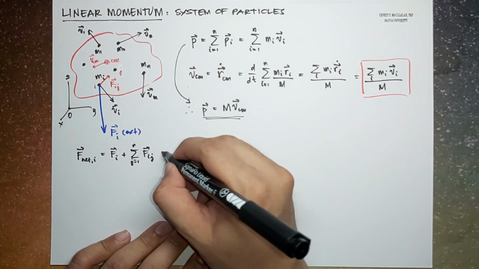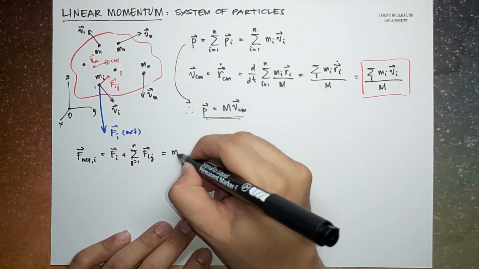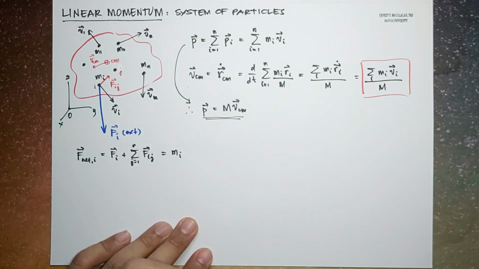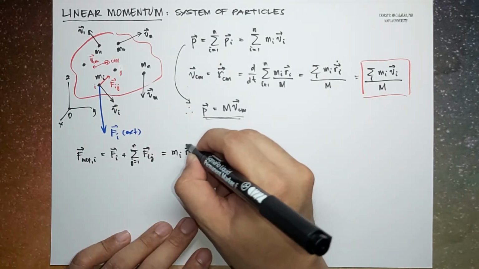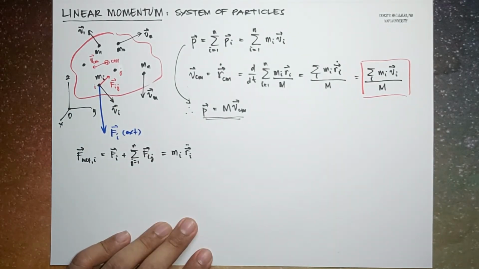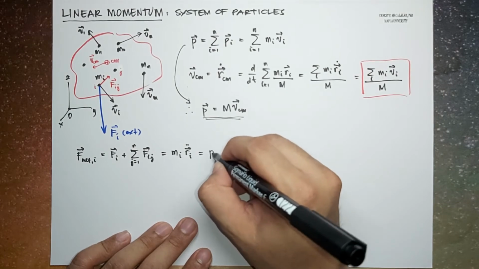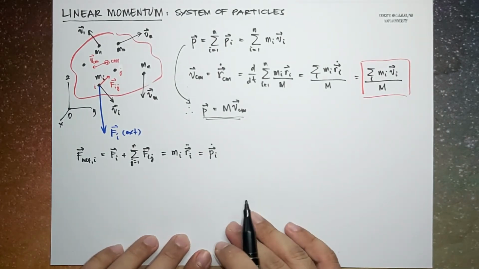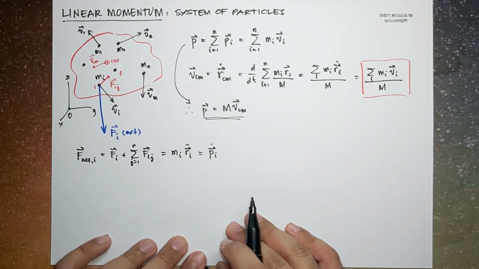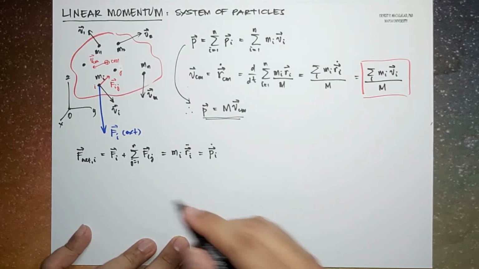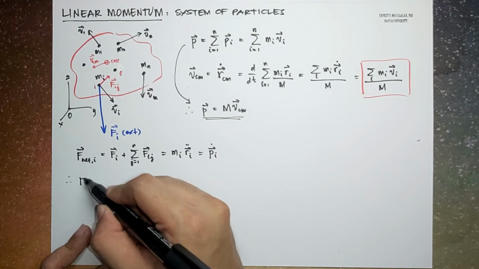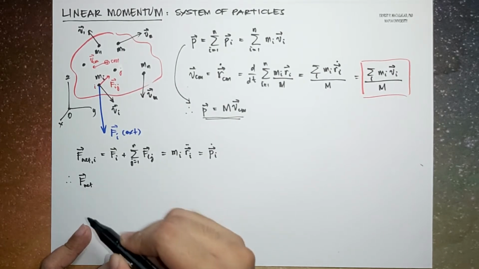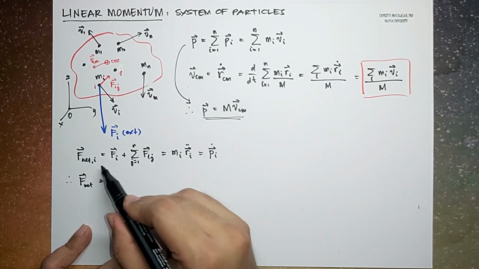Newton's law tells us that this is equal to the mass of particle I times the acceleration of particle I, which is equal to the time derivative of the linear momentum of the system. Okay, so therefore, the net force on the system will just be the sum of this.